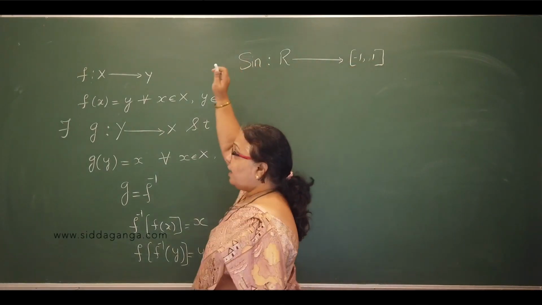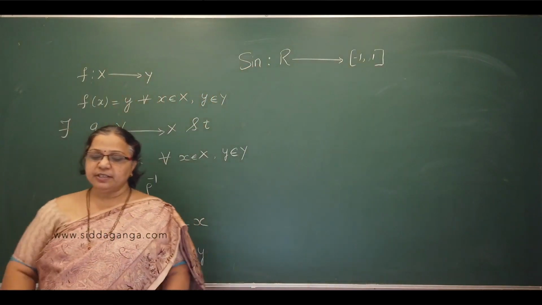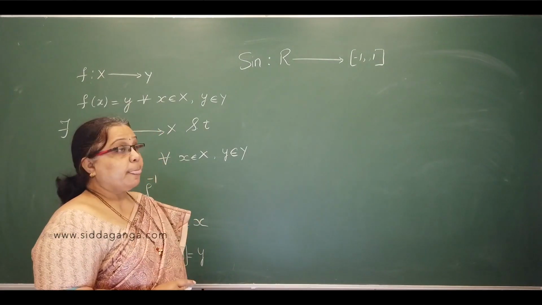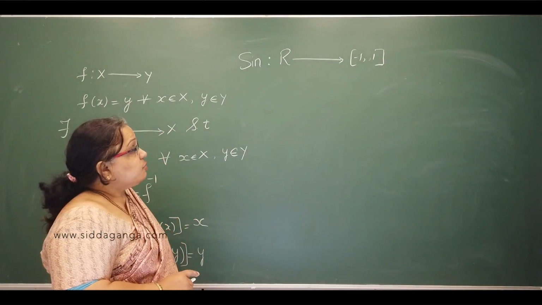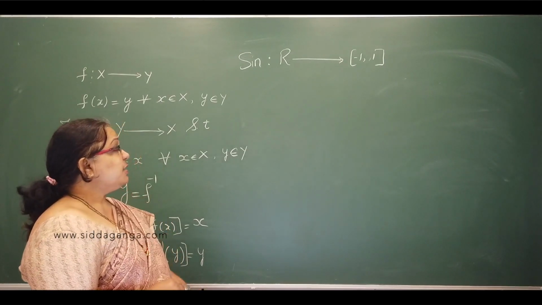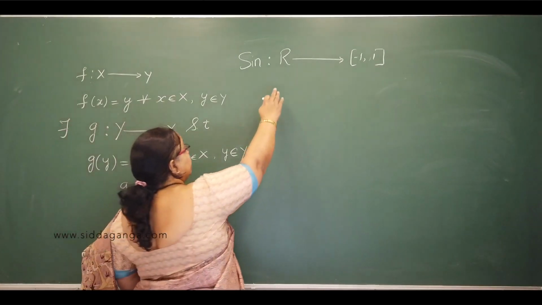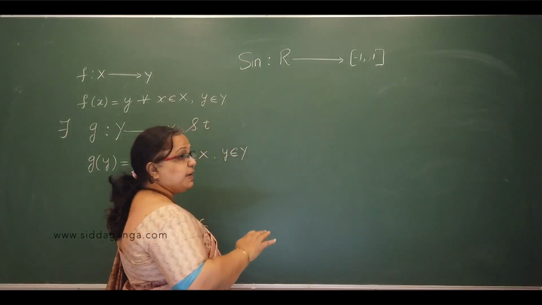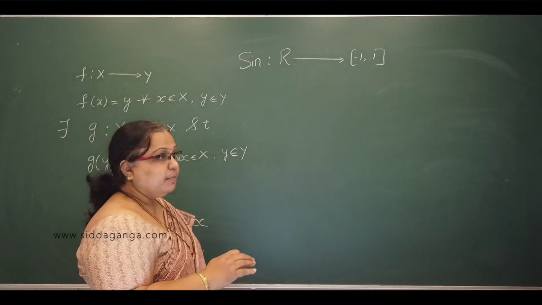The domain of the sine function is R, and the range of the sine function is the closed interval -1, +1. Now if we consider this domain as a whole, that is the real numbers, then it doesn't become a bijective function. Let us see how.